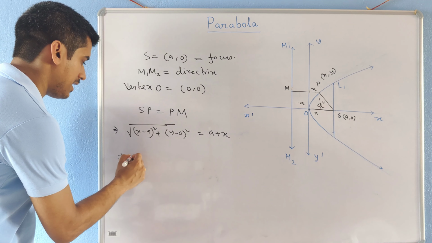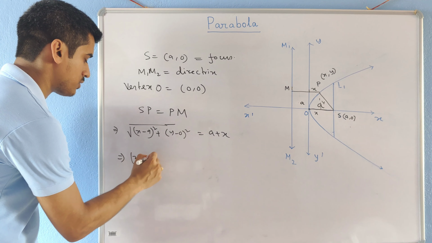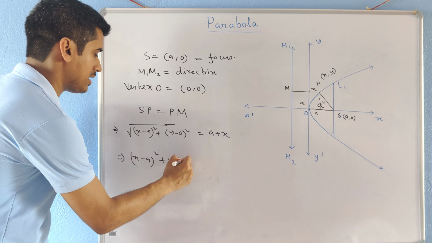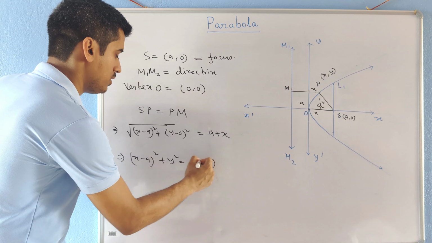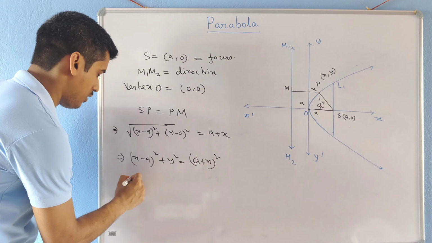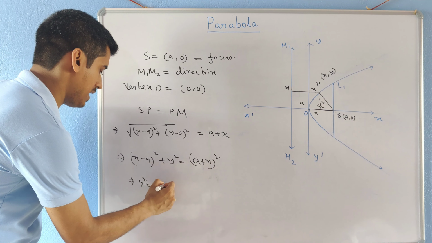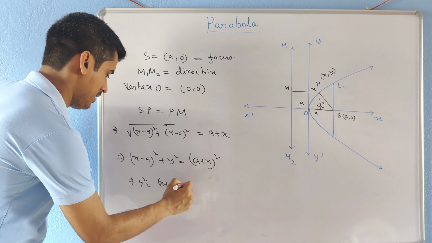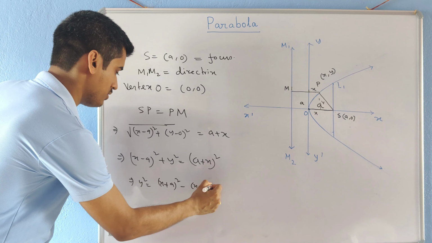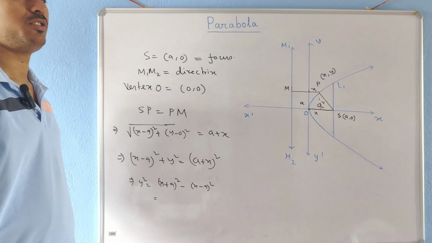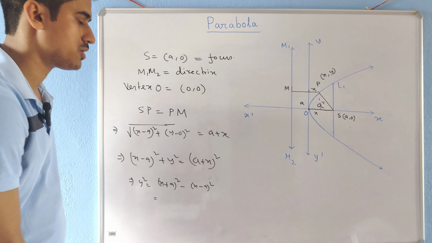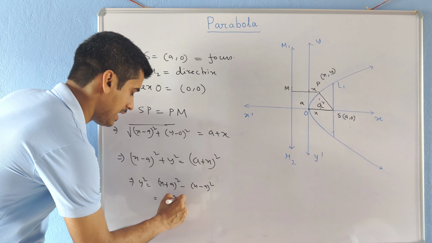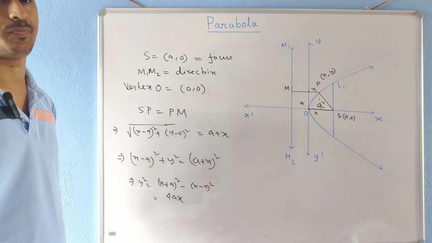Squaring both sides, we get x minus a whole square plus y square equals a plus x whole square, or y square equals x plus a whole square minus x minus a whole square. We know that a plus b whole square minus a minus b whole square equals 4ab, that is 4ax.